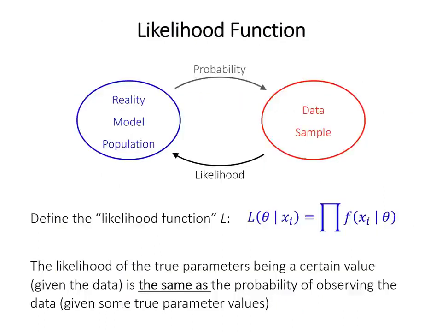But remember that likelihood is just the reverse of probability. So to get our likelihood function, we can define it this way. This equation states that the likelihood of the true parameters being some values theta, given the observed data x, is equal to the probability of observing the data x, given some true parameter values.